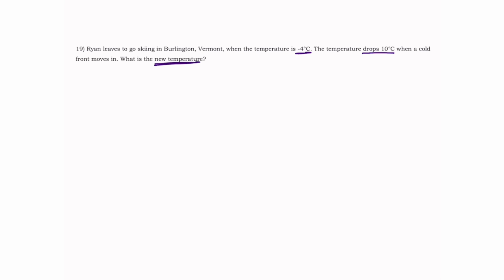So we can solve this in many ways. Let's try to write the important information over here, right? So the initial temperature was minus 4 degrees Celsius. Then the temperature drop. Now remember, rise and drop, okay? When you say temperature drops, it goes down further, and if this is already minus, it will become minus something more.